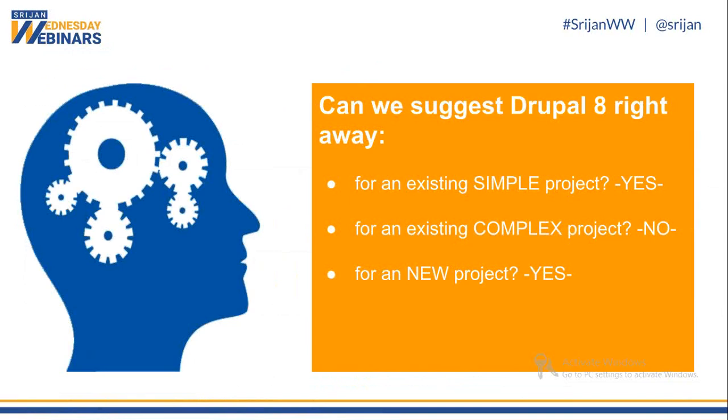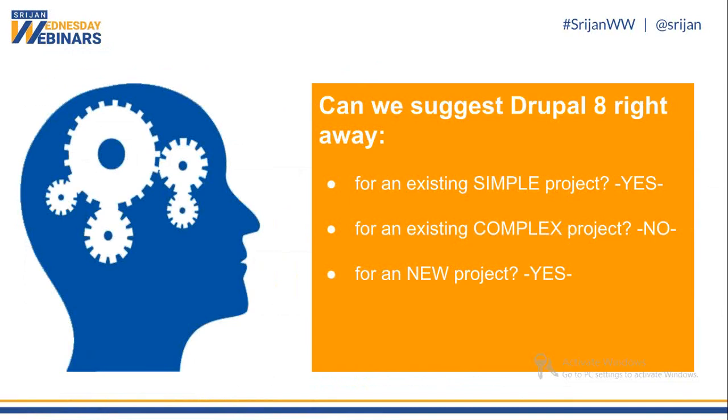And for an existing complex project, definitely no, because in a complex project there is a lot of PHP code. There is custom code if we are creating a content type and its fields, so there is a lot of custom coding and creating custom fields also.